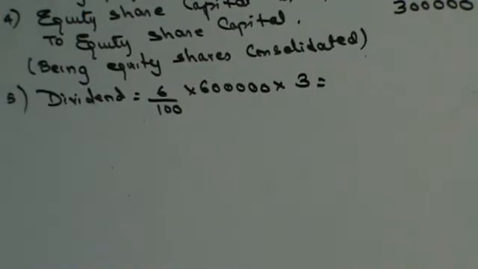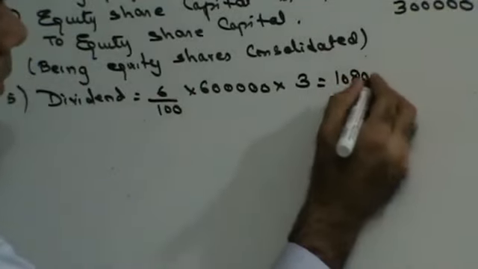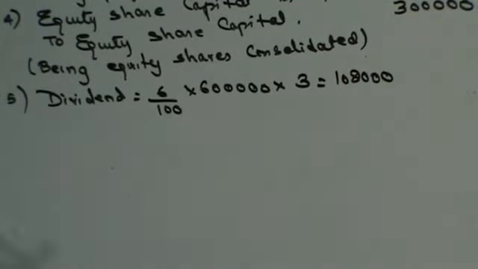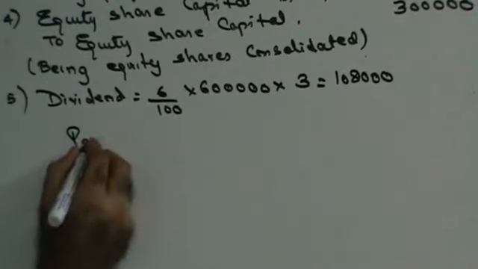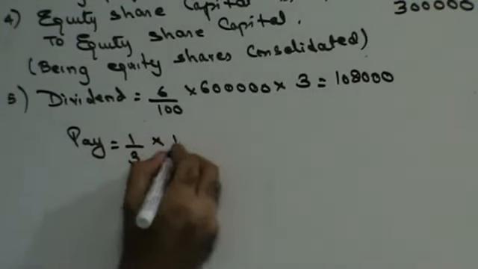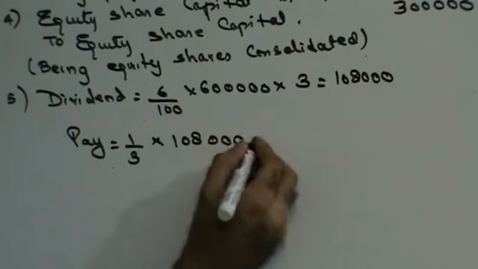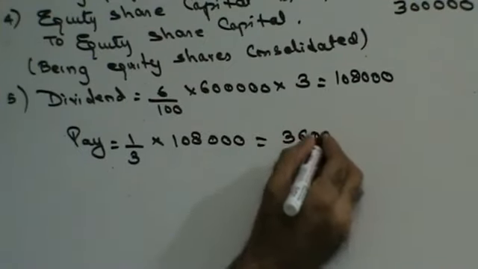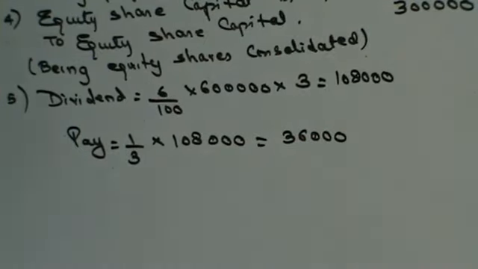That means for the last 3 years I haven't paid you the money. 1,08,000. So my total dividend is 1,08,000. They have agreed to waive 2/3. That means I have to pay 1/3. If they are waiving 2/3, that means the balance 1/3 I have to pay them. Someone tell me how much is that? 36,000. Yep.